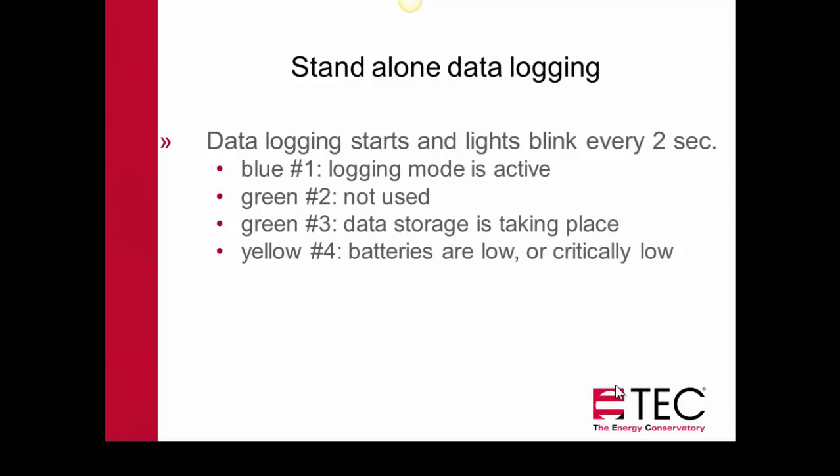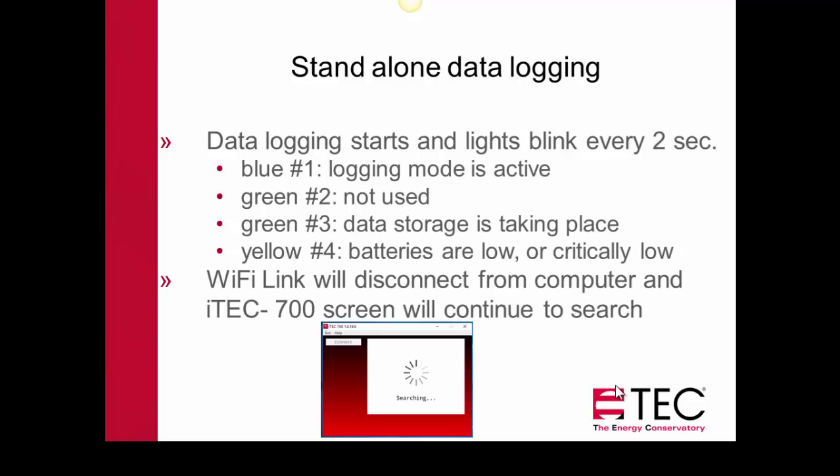So if those 2 are blinking, you know the data logging is active and data storage is taking place. The yellow will start blinking if the batteries are low or critically low.